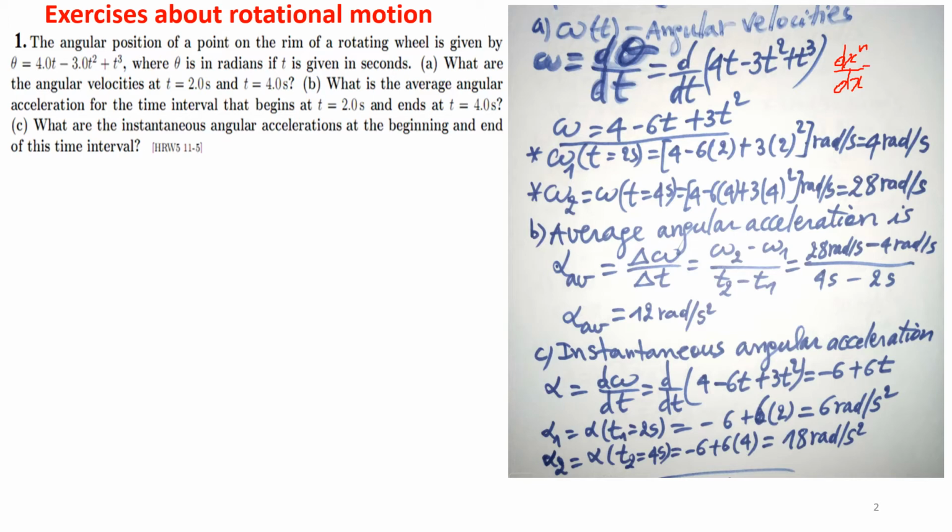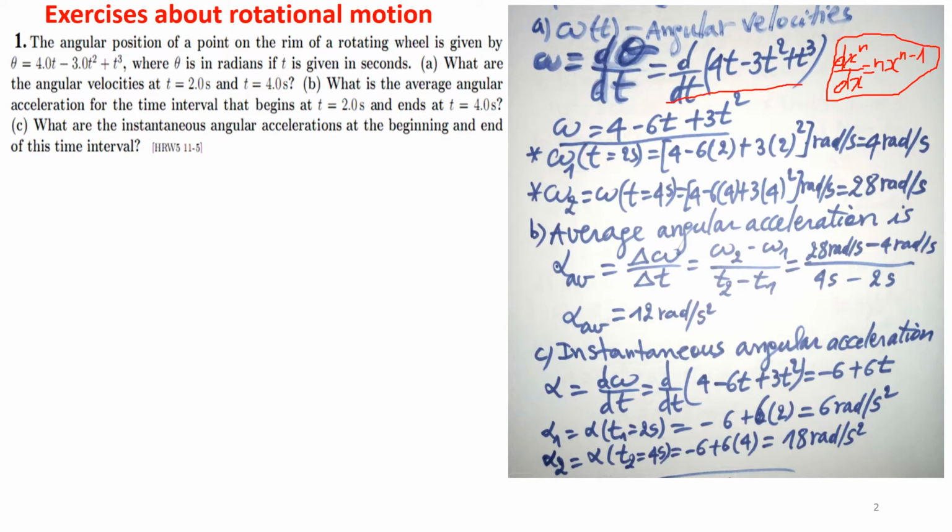This is equal to n times x to the power n minus 1. And this is the general formula for derivatives. We are going to apply this formula to our problem.